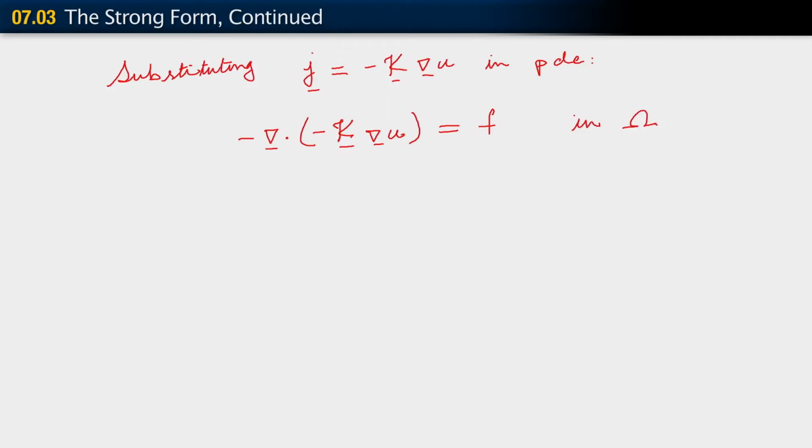Okay. And then something that's commonly done is that if kappa is spatially uniform, so that means kappa is not a function of position, what this gives us is the following equation.